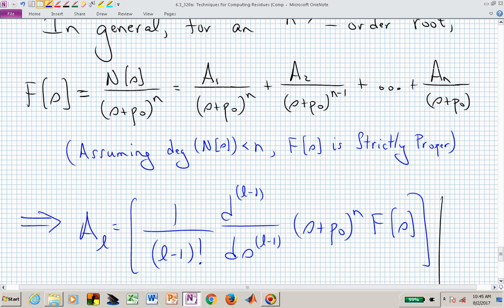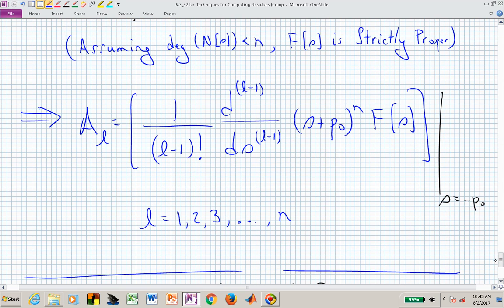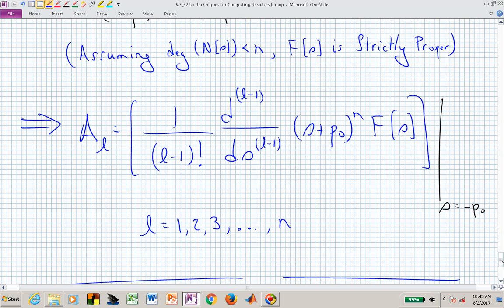The highest power polynomial downstairs is sitting underneath a1. The next highest is sitting under a sub 2, etc., down to the last power, s plus p sub 0 to the 1. That's now sitting underneath a sub n, which if we then evaluate at the different values of L, we would end up with this particular expression.